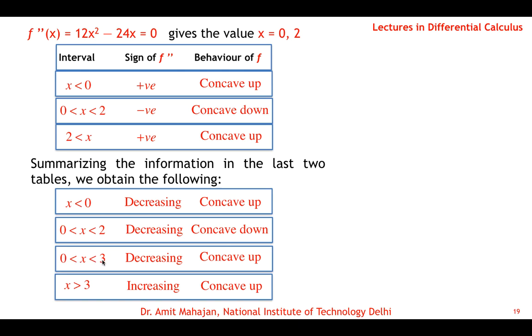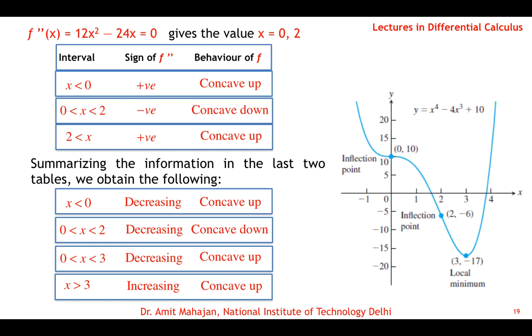So for 2 to 3 it is concave up, and for x greater than 3 it is concave up. You can check this through the graph also. This is the function graph. For all x less than 0, the function is decreasing and concave up.